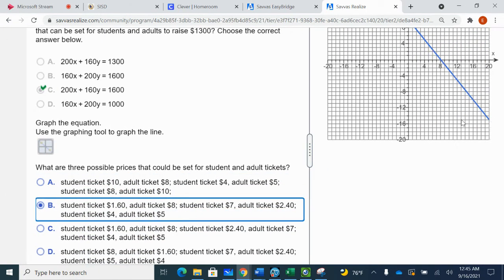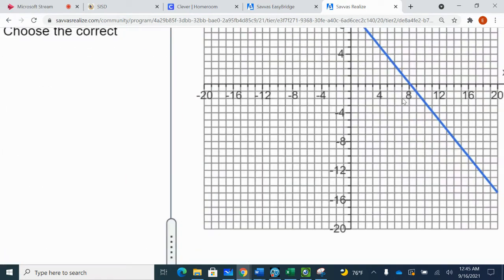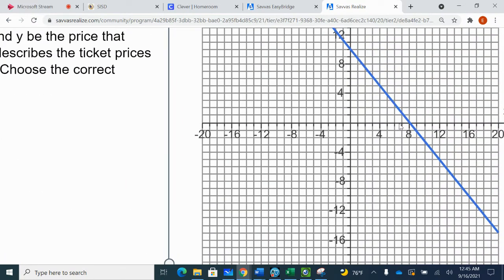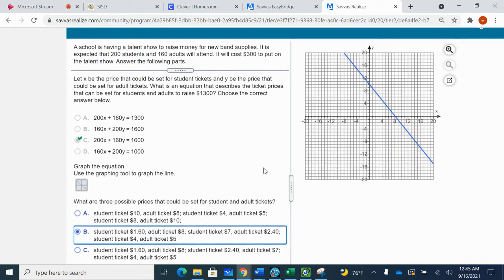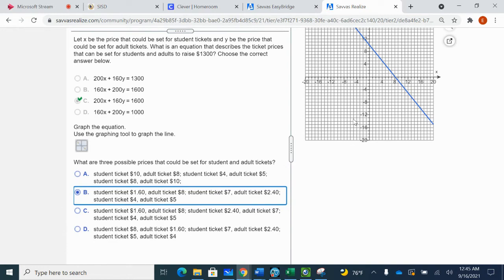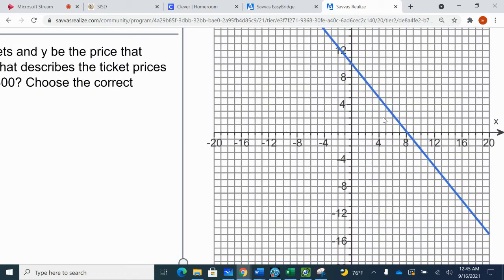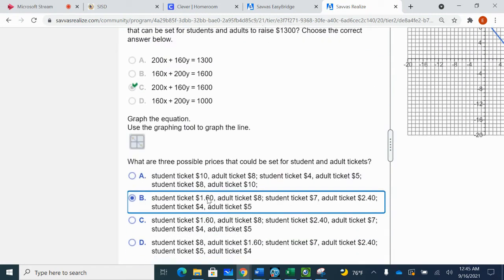7 and 240. When student tickets are $7, this is 1, 2, 3, 4, 5, 6, 7. This appears to be 1, 2, 3, 4. Students, 1 and change. Student tickets, adult tickets, 4 and 5. 4 and 5. That one does seem to work.